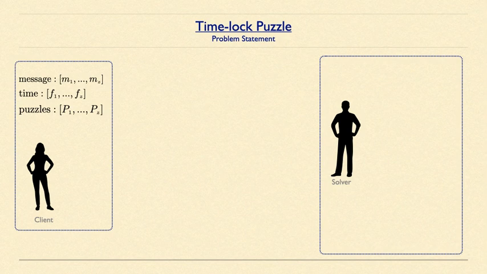A naive way to generate multiple puzzles is that the client uses one of the existing time-lock puzzle schemes to encode each message Mj separately, such that it can be decoded at time Fj if all puzzles and public keys are passed onto the server at time t0.